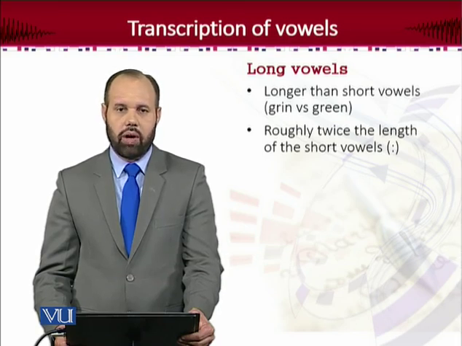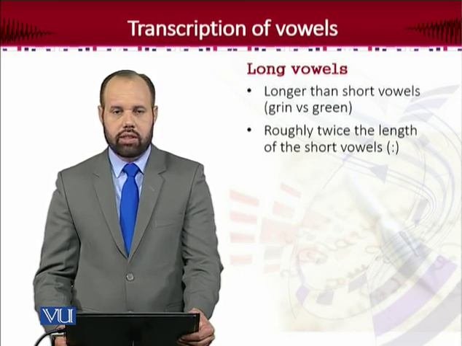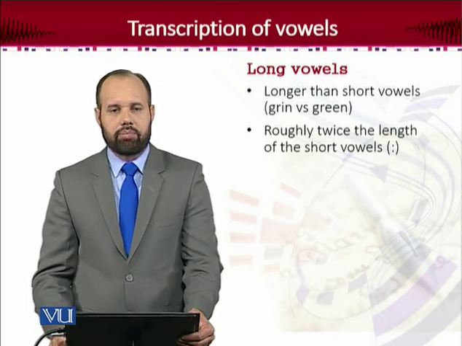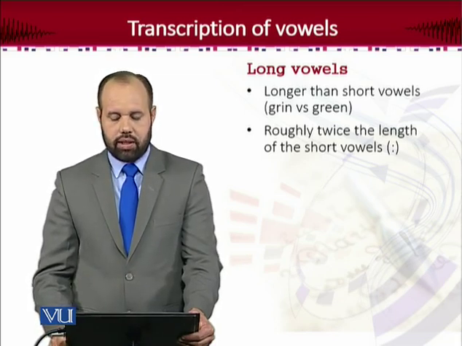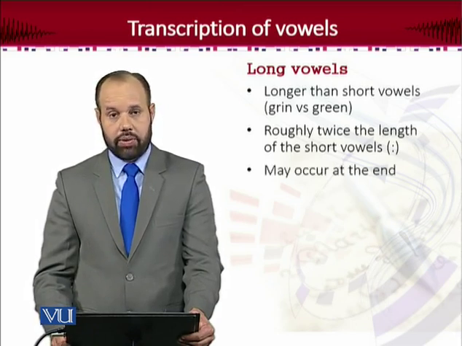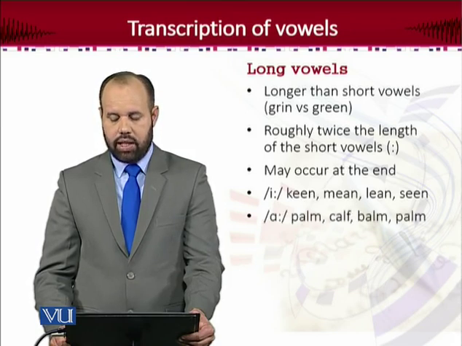And then they have this colon, the 2 points put vertically after the vowel symbol. That's the indicator that the vowel is long, and they may occur at the end of a word. Just examples for you: keen, mean, lean, seen.